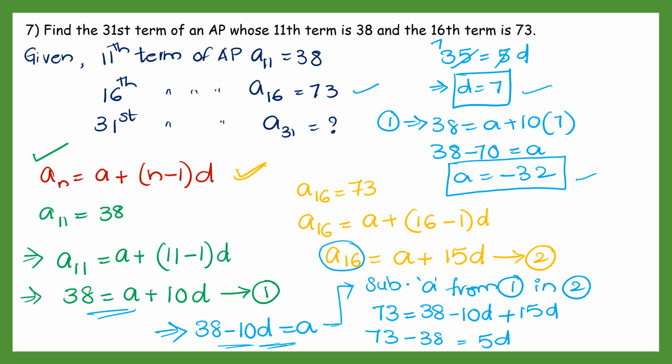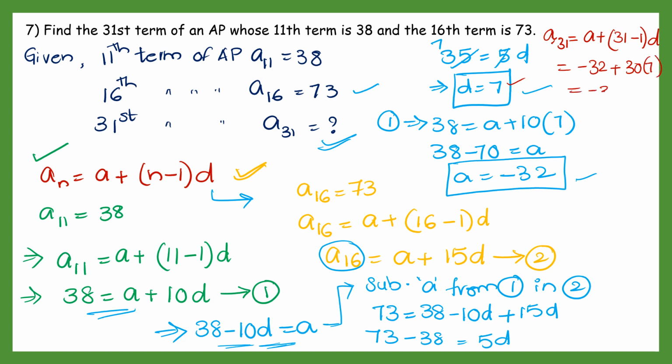Can we find the 31st term? Yes, using the same formula. A31 is equal to A plus (31 minus 1) into D, the common difference. We have the value of A, minus 32, plus 31 minus 1 is 30, common difference D is 7.